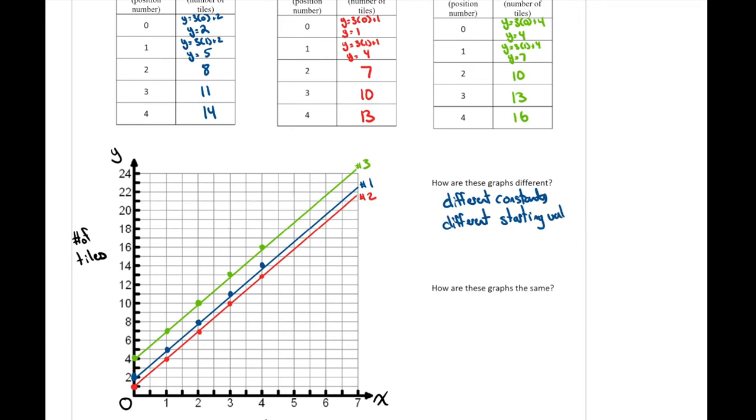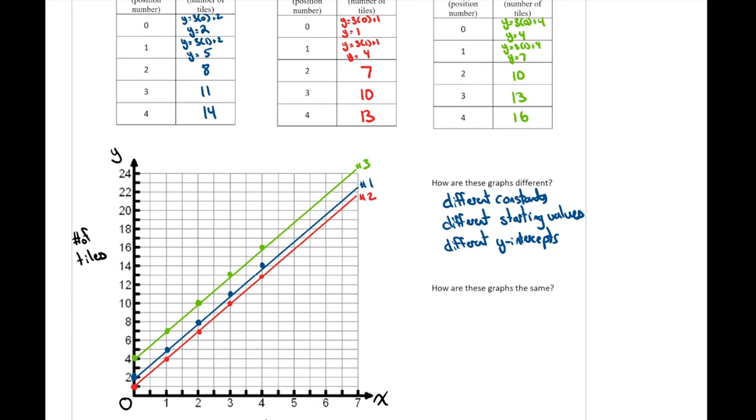If you're looking at the table, looking at the graph, you might say they have different y-intercepts. But realistically, they all mean the same thing. The constant, the starting values, the y-intercepts, it all refers to the same value. Right? We're crossing the graph at a different spot. We're starting at a different spot. They have different constants. It all means the same thing.